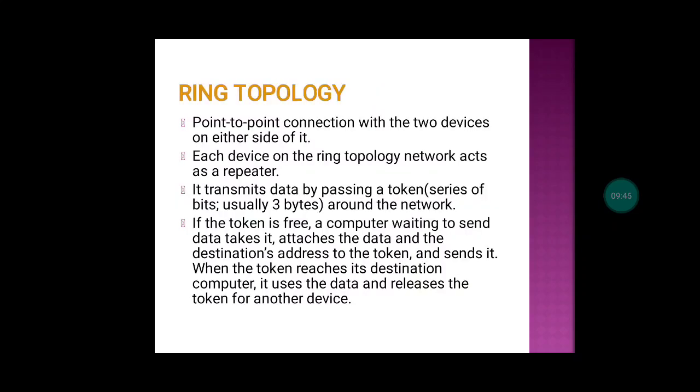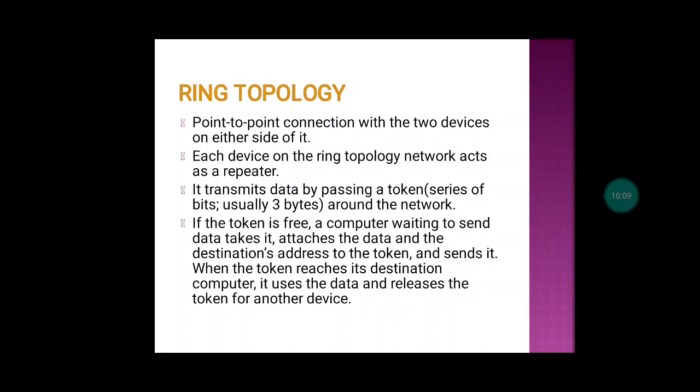So let us see that point-to-point connection with the two devices on either side. Basically herein one device is connected to the adjacent devices, and each device on the ring topology network acts as a repeater also. It transmits the data by passing a token.